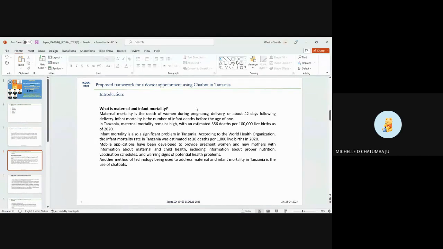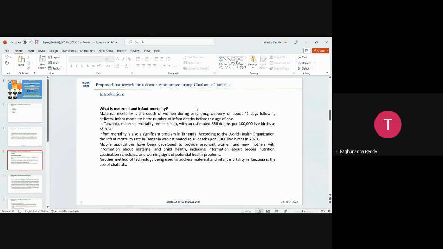The application has been used to provide pregnant women and new mothers with information on maternal and child health, including proper nutrition, vaccination schedules, and warning signs of potential health problems.